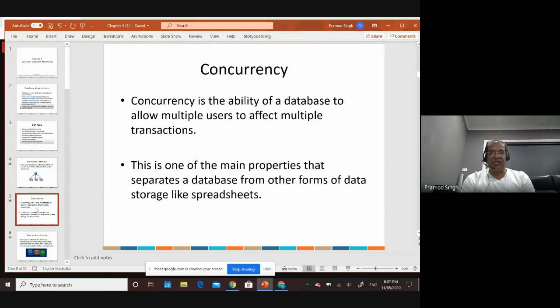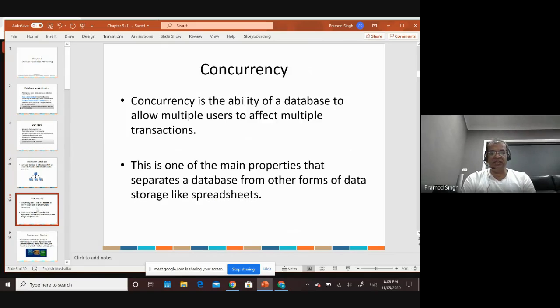Concurrency means the database is able to process multiple users' requests at the same time and effect multiple transactions. Its capability to process multiple transactions and multiple processes is what makes database management systems different from normal data storage.